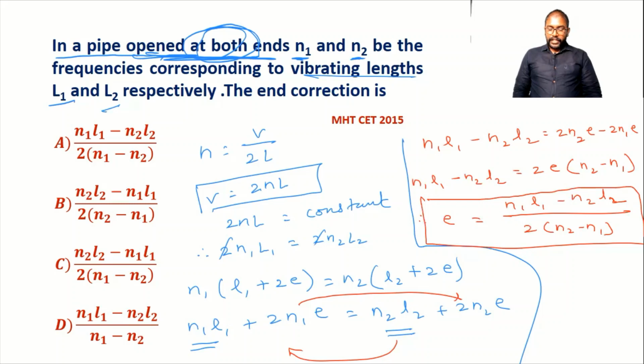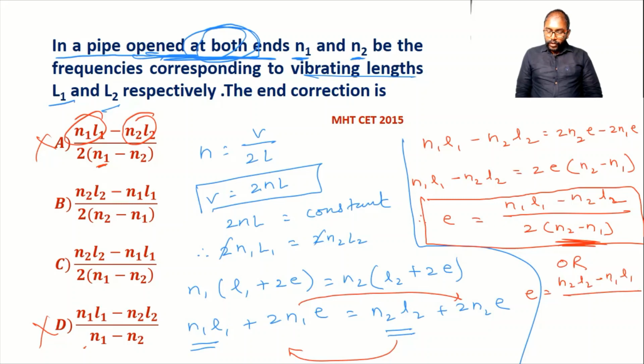Now let me check all the options. N1L1, you can see here N1L1. So here we get the same term 2, but here it is N2 minus N1 and here it is N1 minus N2. So this is not the right option. Now next one is D, but here 2 is missing. So this is not the option. Now the same formula we can write E is equal to N2L2 minus N1L1 divided by 2(N1 minus N2).